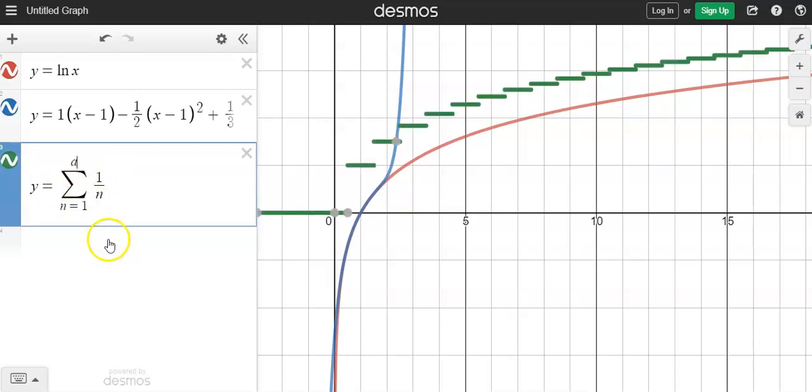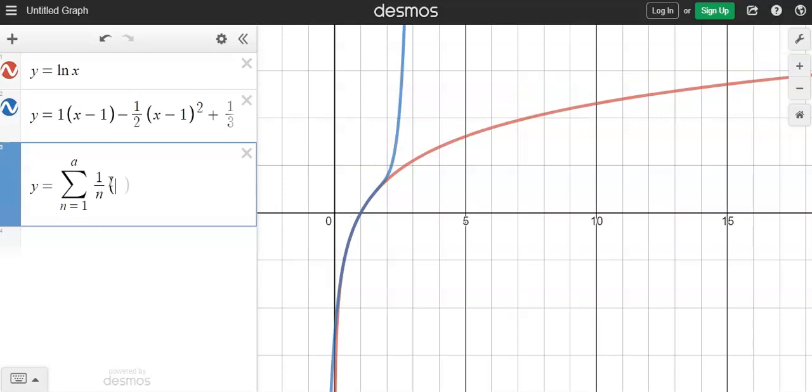But I'll go ahead and make it an a for now. Let me keep building, you'll see it. And then it was x minus 1 to get that horizontal shift 1 unit to the right.